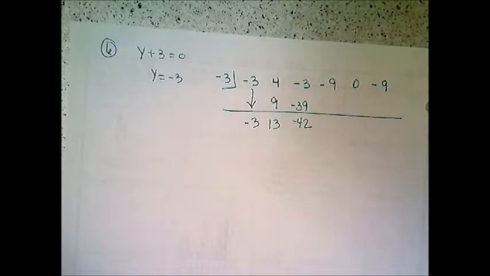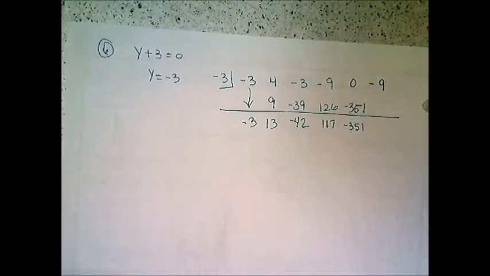Negative 42 times negative 3 is 126. 126 minus 9 is 117. 117 times negative 3 is negative 351. Negative 351 times negative 3 is 1,053. 1,053 minus 9 is 1,044.